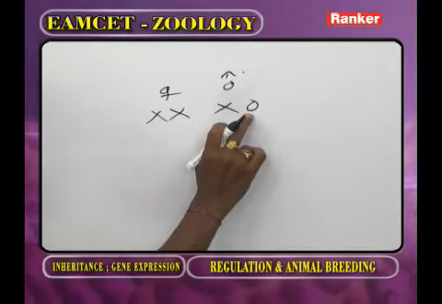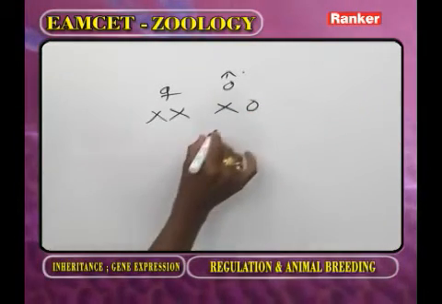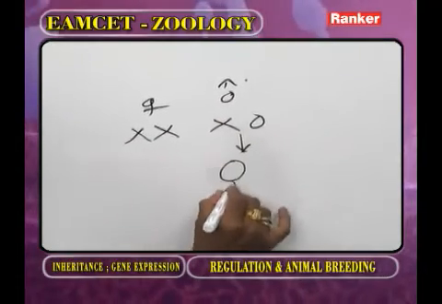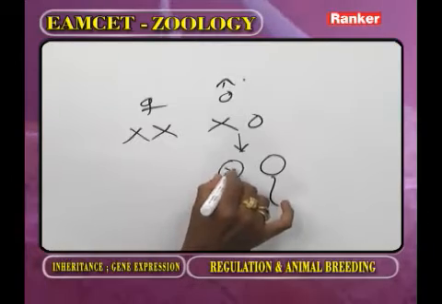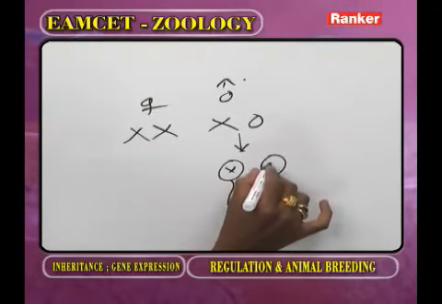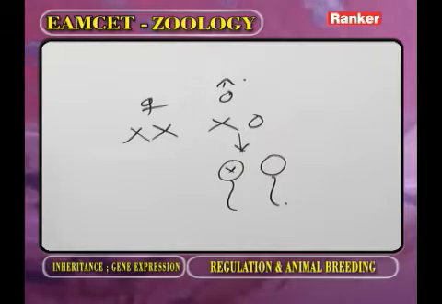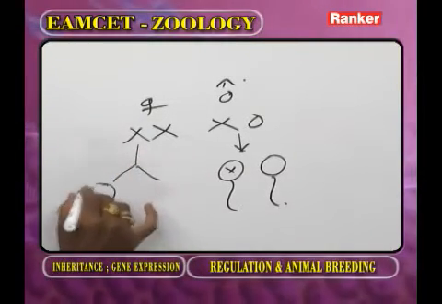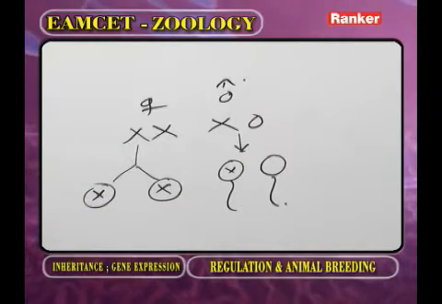Second sex chromosome absent indicated by 0. It means in this method the male gives 2 kinds of sperms. In one sperm X chromosome is present, in one sperm there is no sex chromosome. Now this one gives the 2 ova, each ovum has the X chromosome.